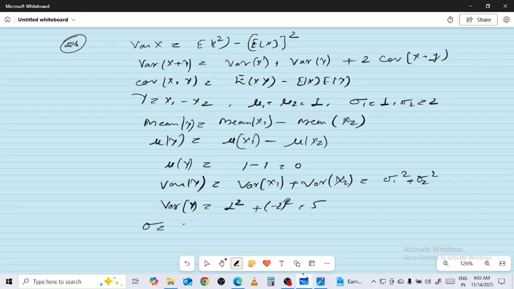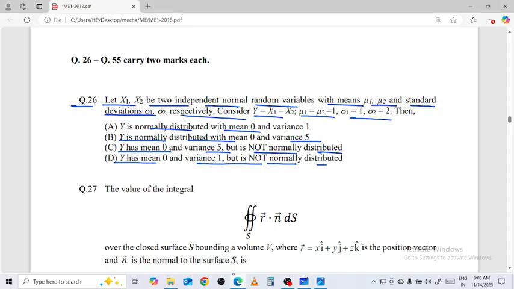Sigma is the standard deviation, and the variance is equal to sigma square, right? So the correct option is the second one.